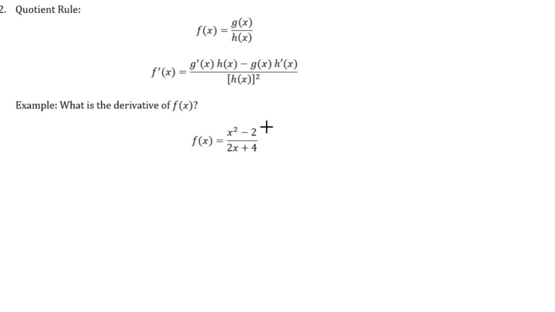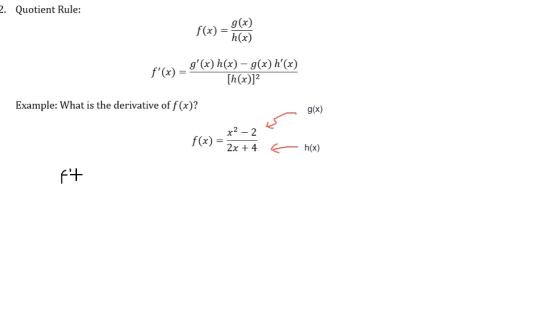What is the derivative of f of x? The top is obviously g of x, as we have it in the formula, and the bottom, the denominator, is going to be h of x. So we're just going to go straight and apply the formula.